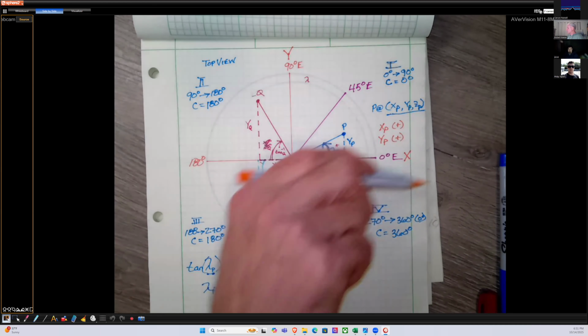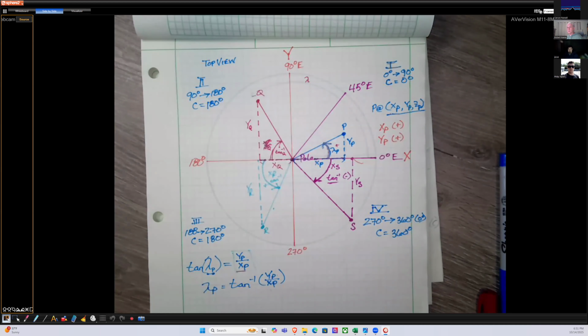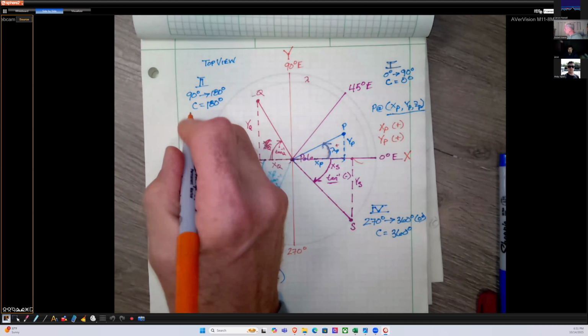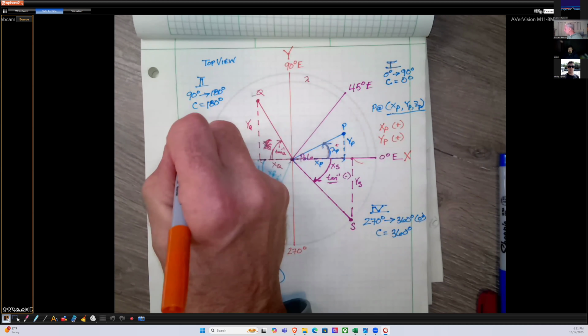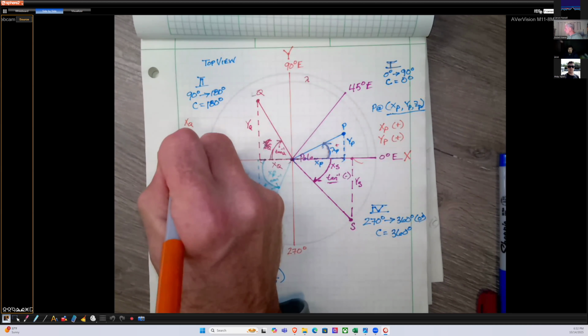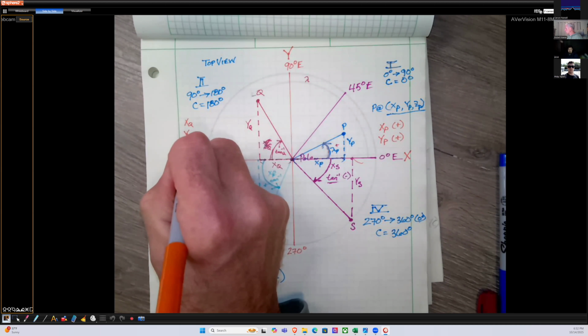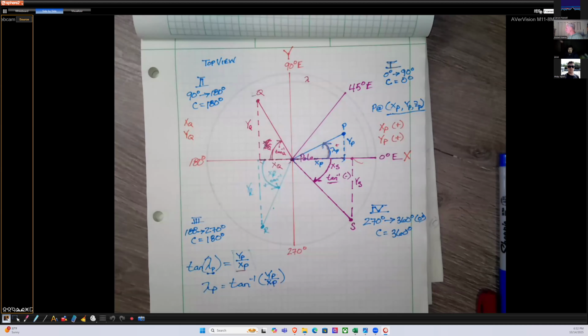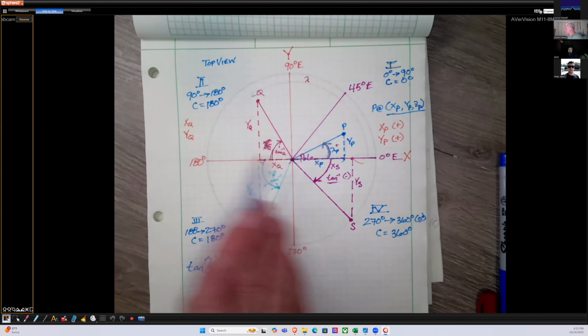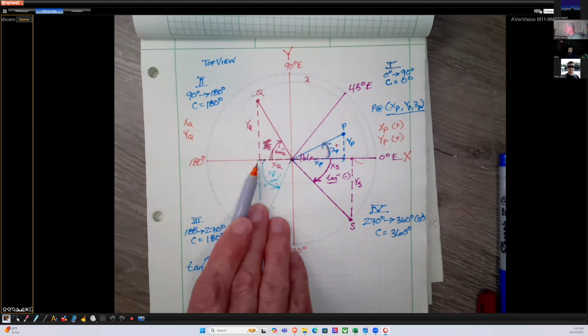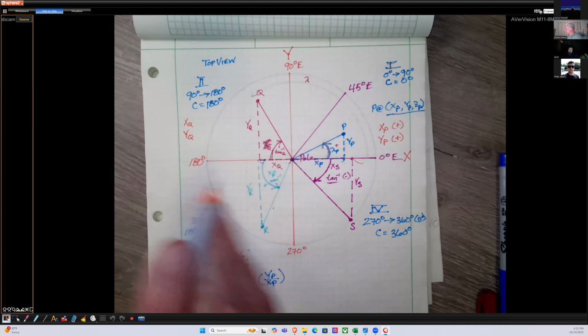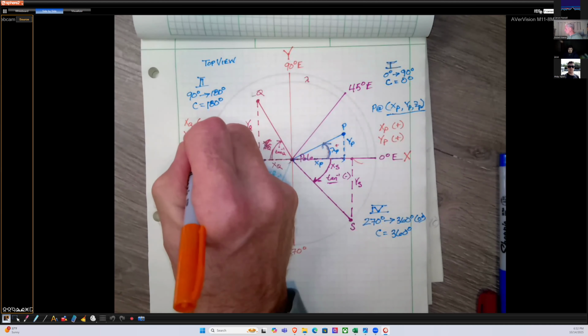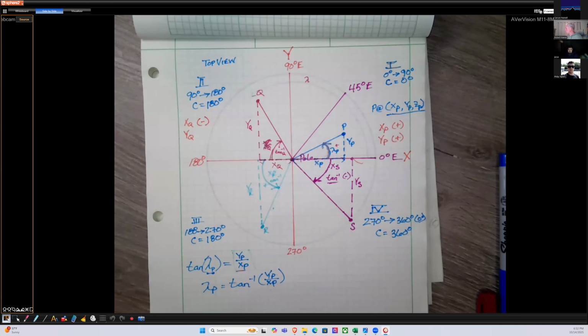But this is exactly how you learned working with polar coordinates. So over here, x sub q and y sub q, in terms of positive and negative, what would x sub q be? Negative. And what would y be?